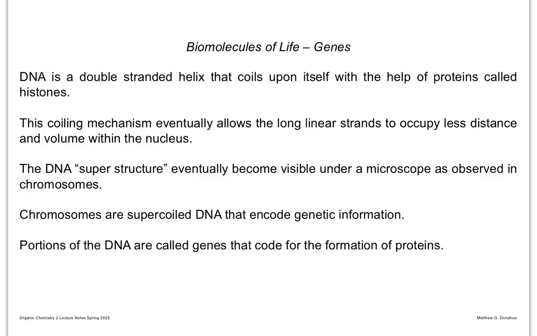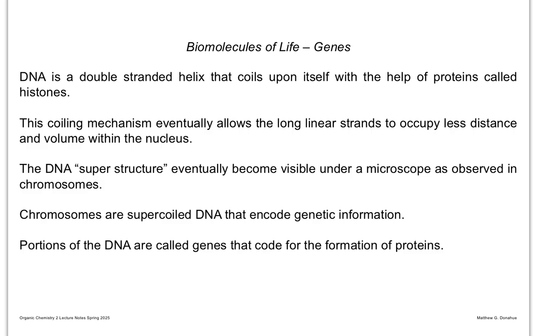If that strand is 6 feet long and you have 4 different bases, you get all of these combinations that make your eyes blue, your hair brown or blonde, your height, your weight, all of that stuff.